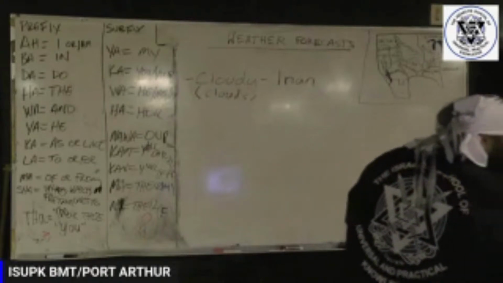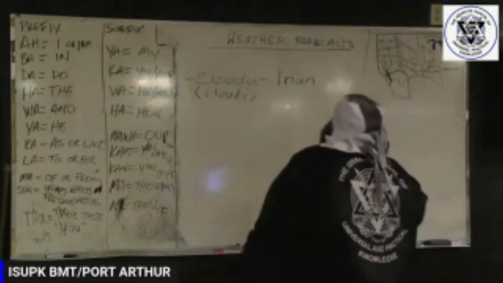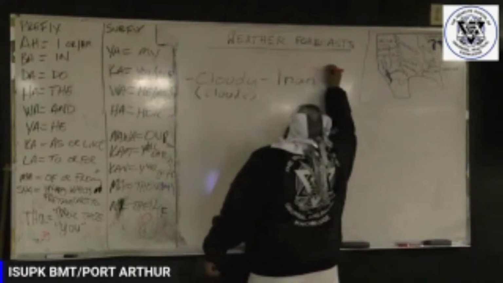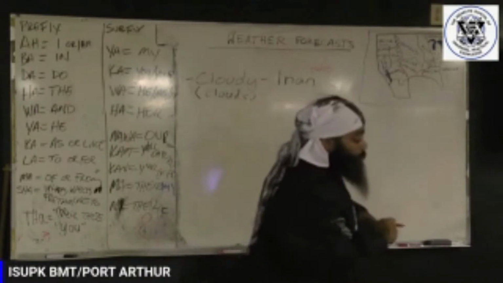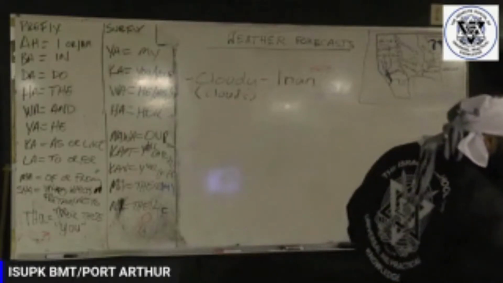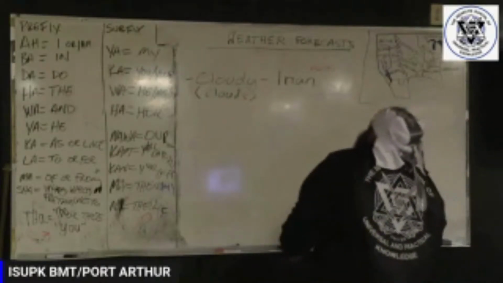The Strong's Concordance number for I-9 is H6051. And it means cloud, I-9. Let's get it in Hebrew.